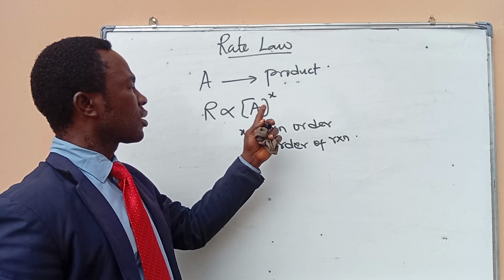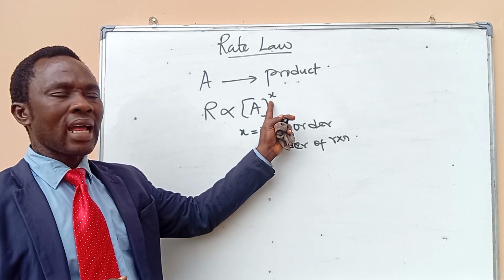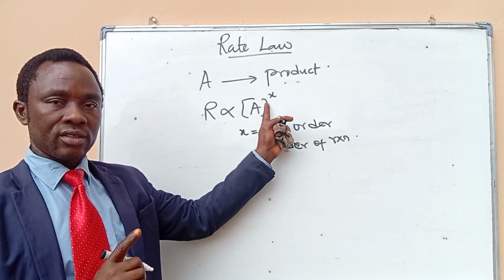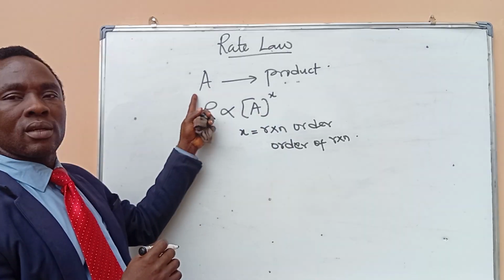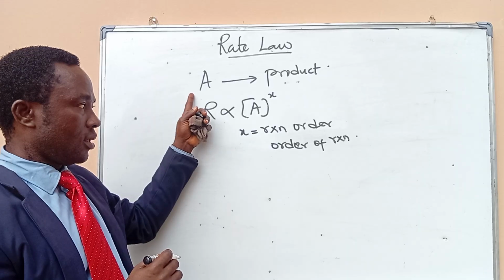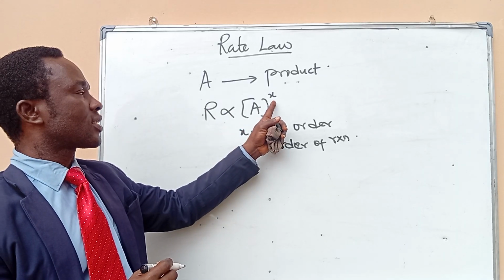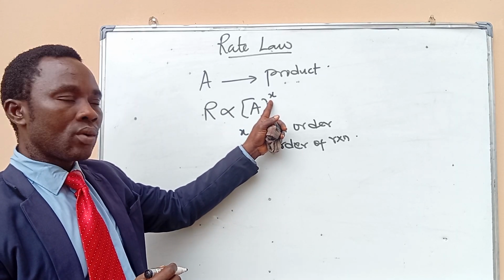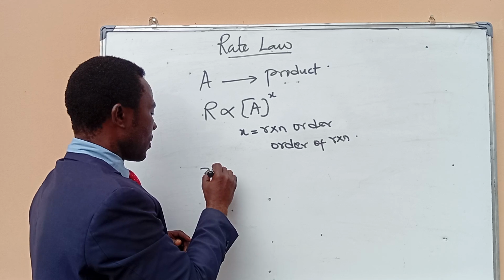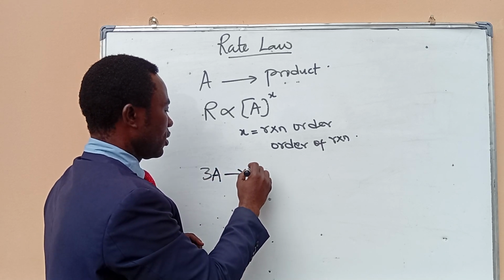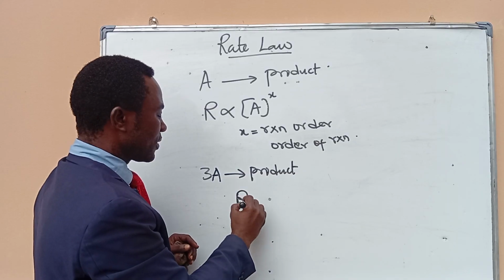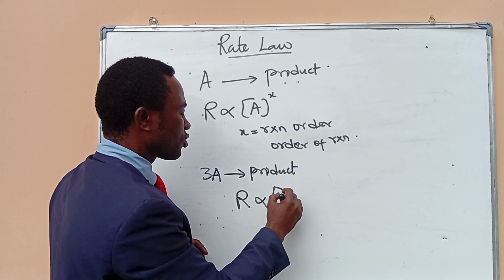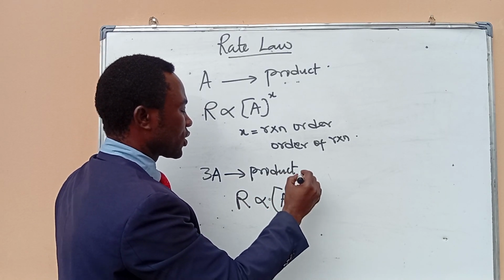Now, reaction order is not the same thing as the stoichiometric coefficient of the reactant, because the stoichiometric coefficient of this reactant here is 1, so you might be thinking that this x is equal to 1. No, you might have 3A giving us products. Our rate is proportional to the concentration of A raised to x.